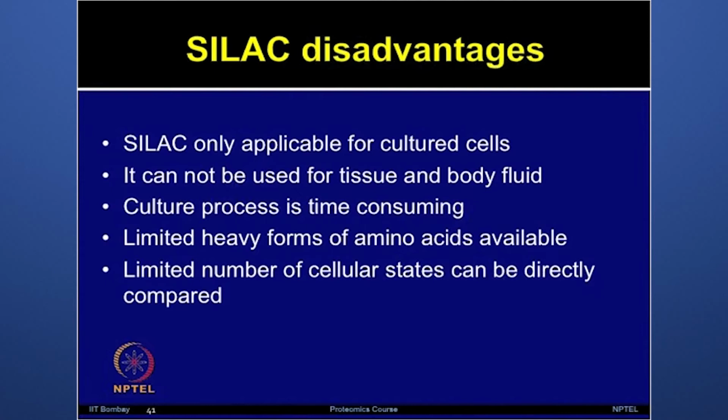Then there are few forms of available heavy isotopes, the heavy forms of amino acids which are available. These are commercially available, but there are very limited forms of these heavy amino acids. Due to this, only limited states can be compared by using SILAC.